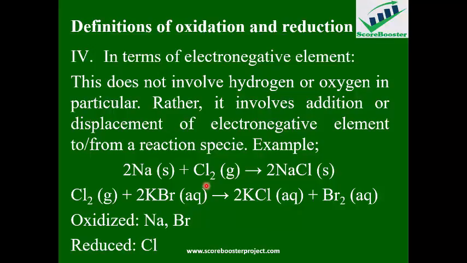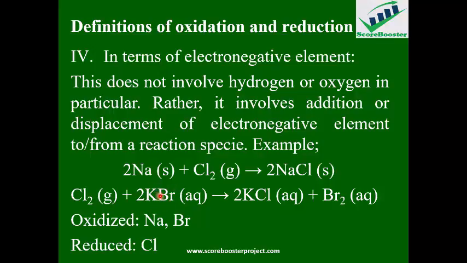It is like we are adding oxygen to sodium, the same way we added oxygen to magnesium the other time. So sodium is oxidized in this case, like magnesium got oxidized in the other case. So if sodium is oxidized in this first reaction, then chlorine is reduced. Now the second reaction: we have KBr here.